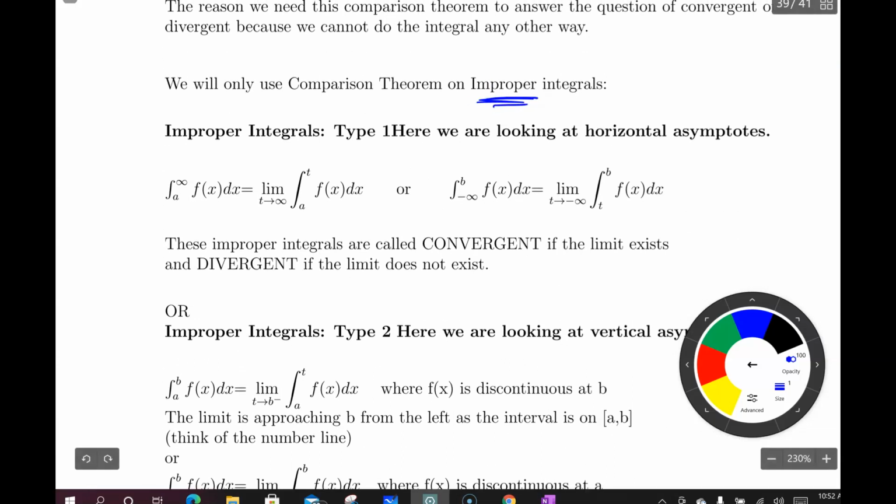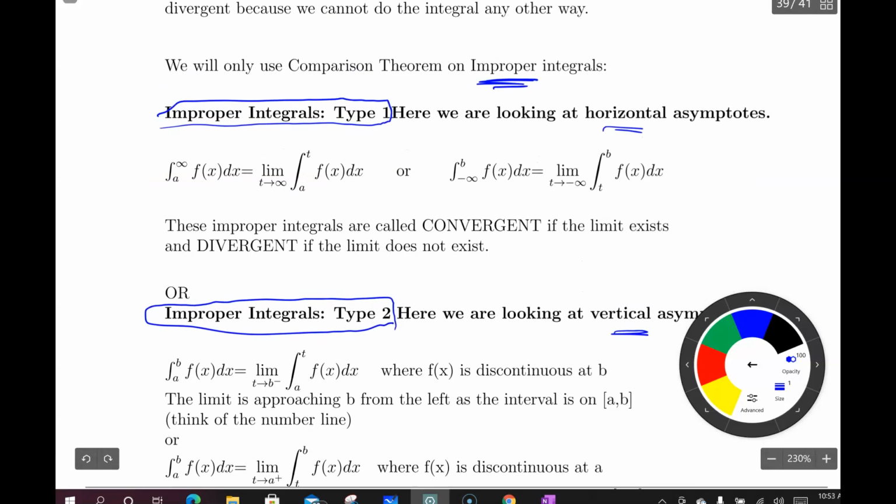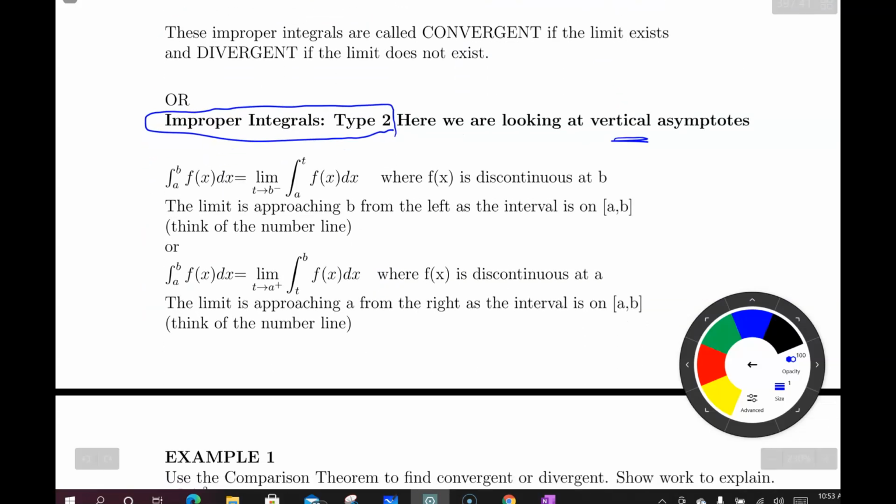I'm just reminding you of what improper integrals are. Improper integrals type 1 are horizontal asymptotes. Improper integrals type 2 are vertical asymptotes, correct? So that's what improper integral means: one of these two types, where you'll see infinities or where you have a vertical asymptote somewhere.